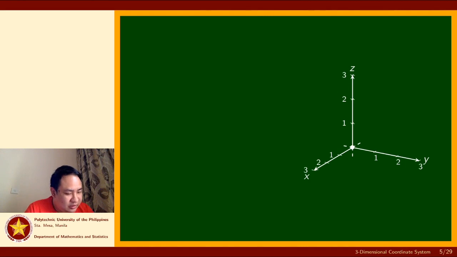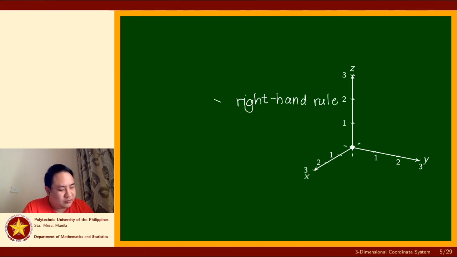Now this arrangement of things in R3 is what we call the right hand rule. For the right hand rule, the x-axis always points towards us. The y-axis points towards our right hand, while the z-axis always points upward.